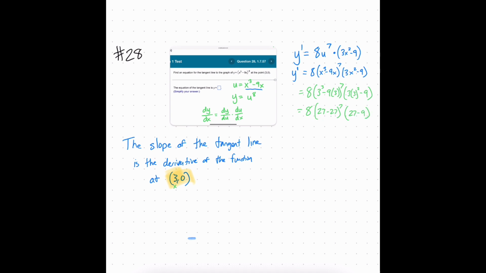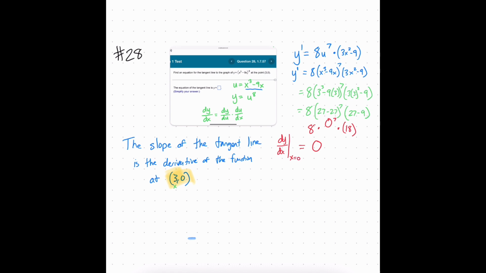Regardless, 27 minus 27 is 0, which means I have 8 times 0 to the 7th times 18. Because I'm multiplying by 0, this all ends up being 0. So my derivative of the function at x equals 3 ends up being 0. So dy over dx, evaluated at that point, is 0.